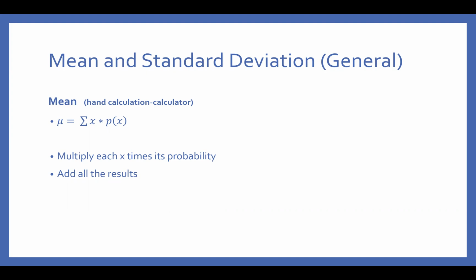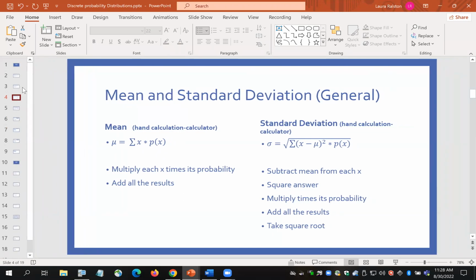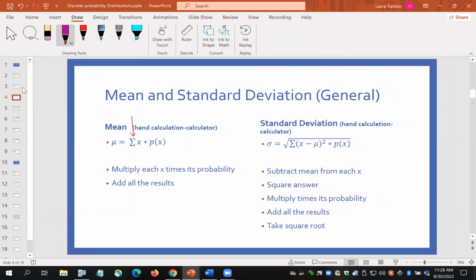So the mean, and I've given you the formula here, mu is the Greek letter that represents the mean for any distribution. This big funky looking E symbol is the Greek letter sigma. And mathematically, whenever you see that symbol, it means to add or total the values that it's talking about.